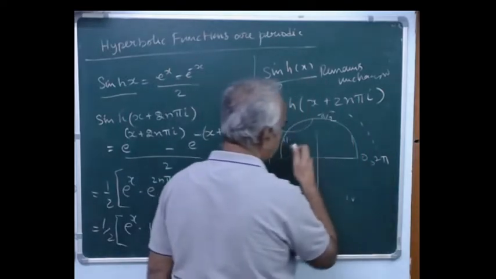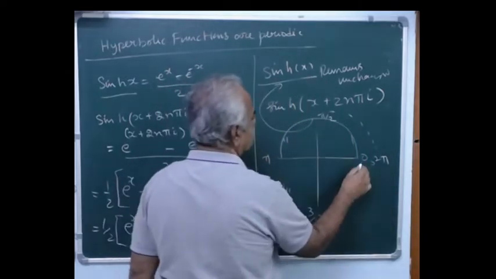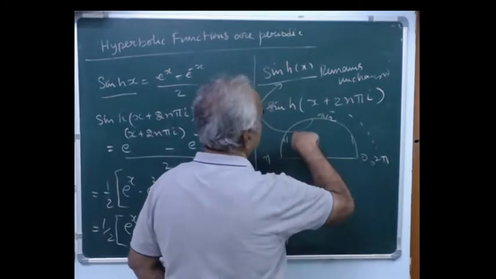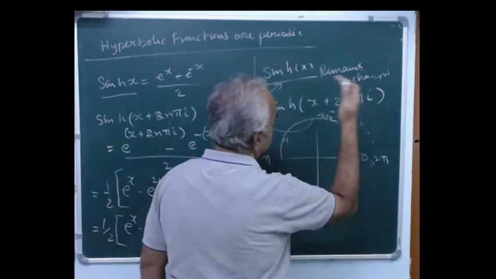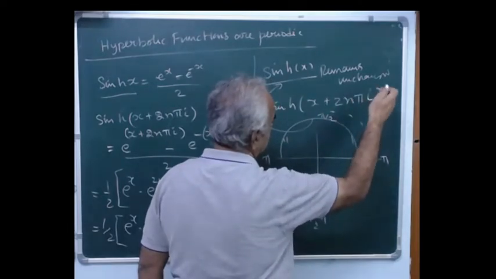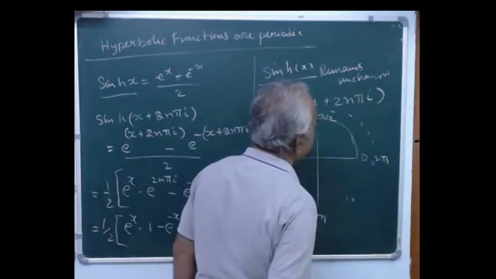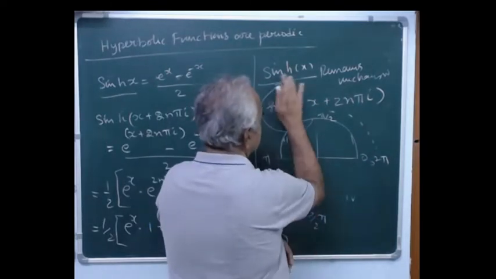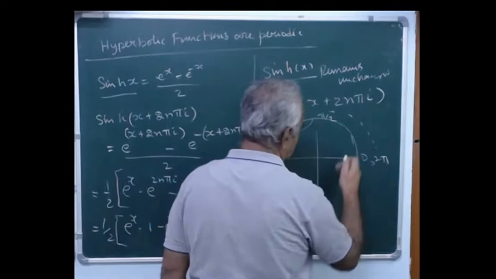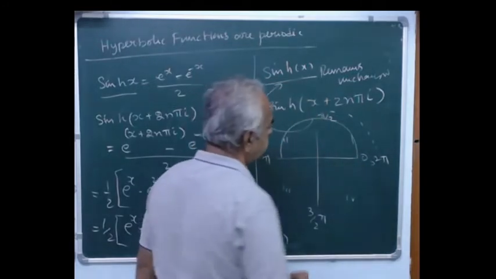What we are going to prove is that sin x is equal to sin(x + 2nπ), that is integral multiples, 2 into n into π, and for the hyperbolic case sinh x is unchanged by 2nπi. That's what we are going to prove.